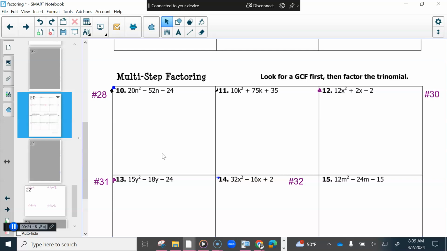And then multiply 6 and negative 1. What would that give us? And factors of negative 6 are 1 and 6, 2 and 3. And then if we're multiplying to get a negative 6 but adding to get a positive 1, which factors would work?